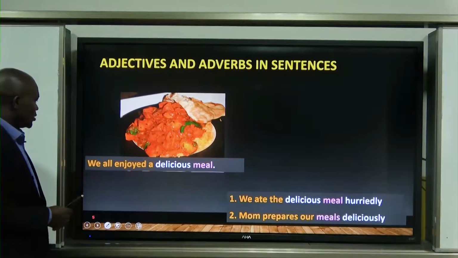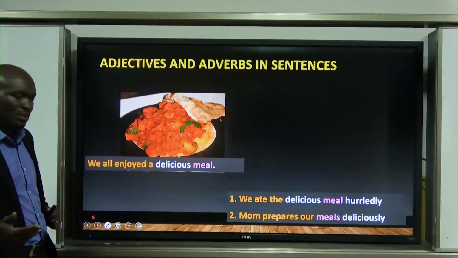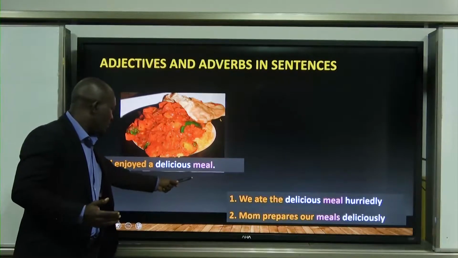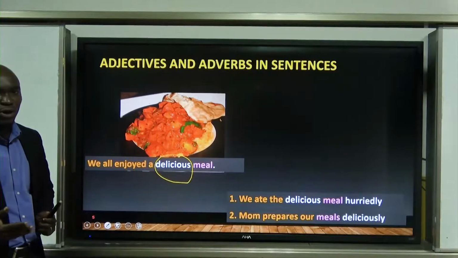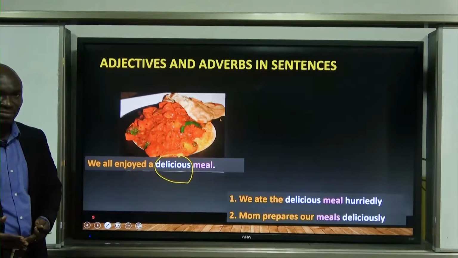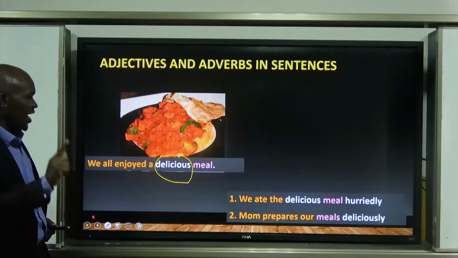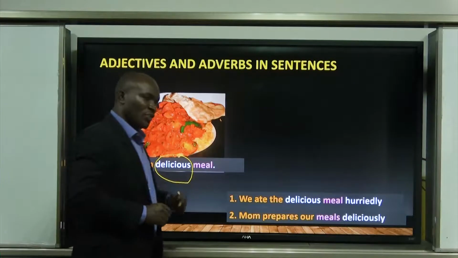The first one, we all enjoyed a delicious meal. What kind of meal? Delicious. Is this an adverb or an adjective? Of course, it is an adjective. You're very correct.